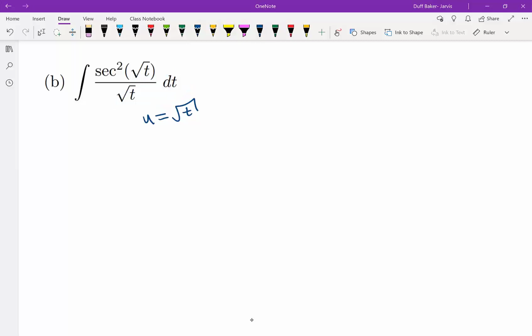And so this over here will be related to our g prime. If I try u equals square root of t, the derivative of root t is 1 over 2 square roots of t, and I tack on my dt. Now the part I have in my integral here is not this whole thing. I only have dt over root t. So I'm going to put the 2 on the other side.